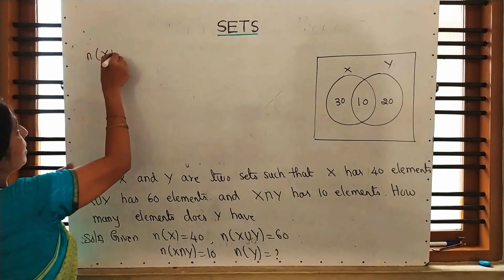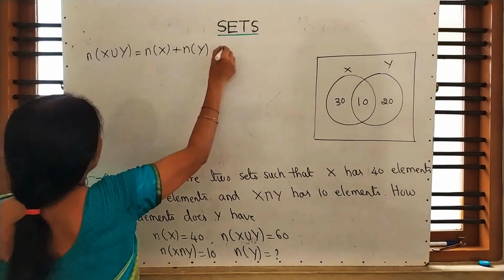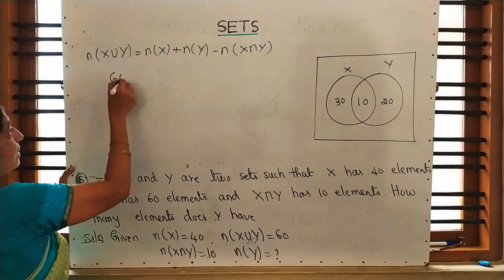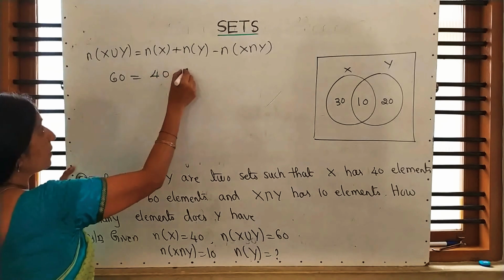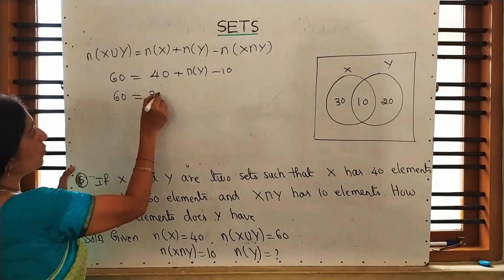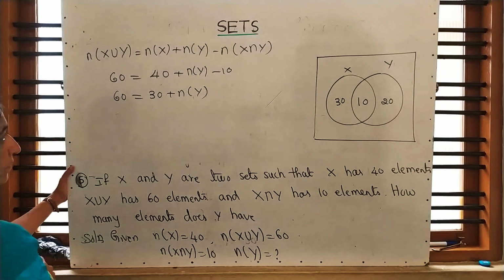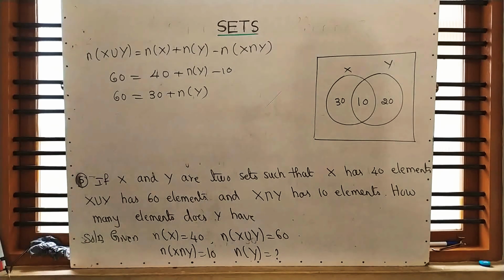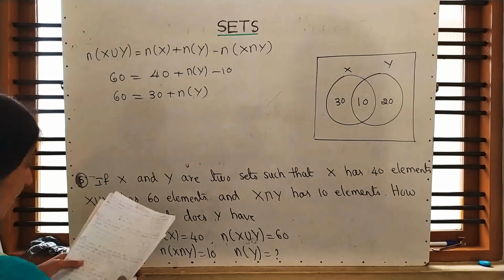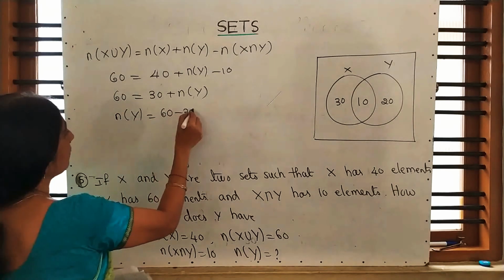Number of elements in X union Y is n(X) plus n(Y) minus n(X intersection Y). So write down the values. Here it is 60, this is 40, this we don't know, and this is 10. 60 is equal to 30 plus n(Y). So the number of elements in Y is 60 minus 30, that is 30.